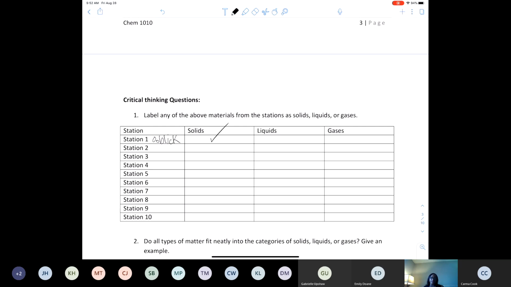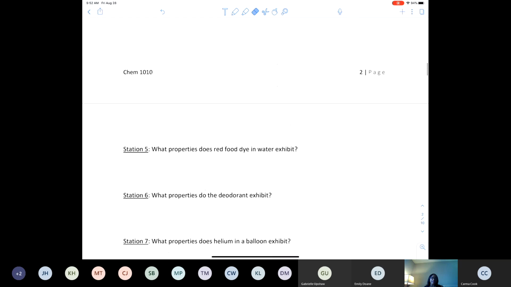If you think it's a liquid as well, you put a check mark. If you also think it's a gas, you'll put a check mark. But if you don't think that it's a liquid or a gas, if you think it's just a solid, then you'll just put a single check mark in the solid category. And so that's how you'll fill out that table.